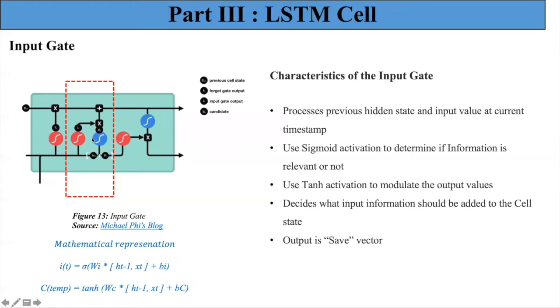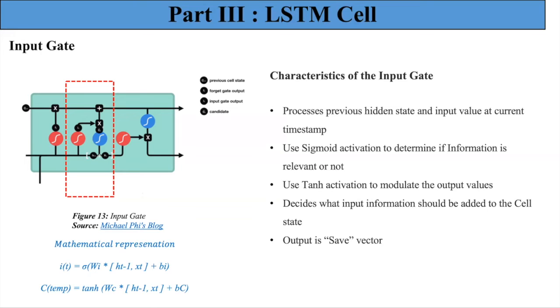We'll go into the next gate, which is called the input gate. The main functionality of the input gate is to understand the importance of the new input values. It processes the hidden state from the previous cell and the new input value at the current time stamp, and determines what information is very important. It also modulates the same output using the TANH function and multiplies that to output something called the save vector, which ultimately shows what information from the input is really significant and what is not.